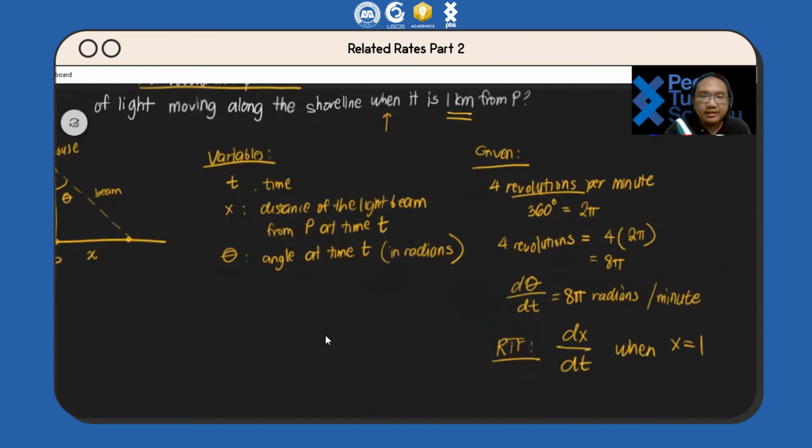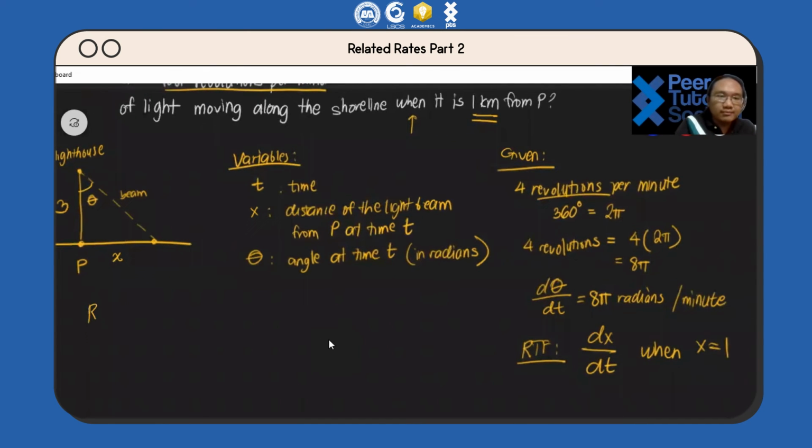Okay. Now, time for the relationship. We have theta, and we have side lengths of a triangle. And yes, this is a right triangle. What comes to mind? It's trigonometry. In particular, we have opposite over adjacent with respect to theta.